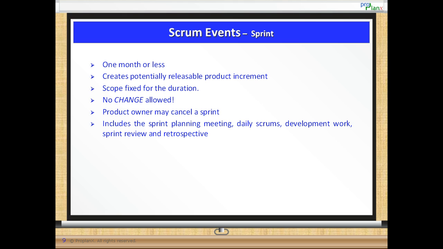A sprint may be cancelled by a product owner for any reason such as business exigencies, changing market conditions, and so on. A sprint includes all of the following activities: the sprint planning meeting, daily scrums, development work, sprint review, and the sprint retrospective. Now let's understand each of these in more detail.